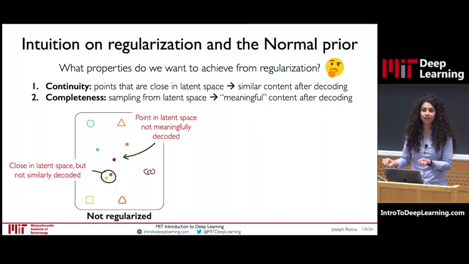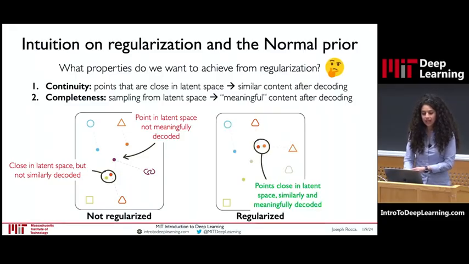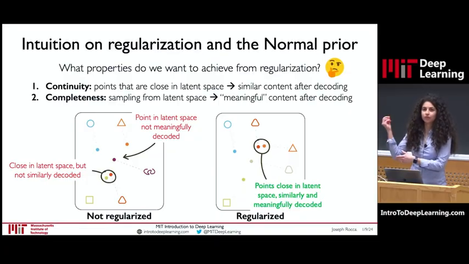Rather, we want things that are similar to be close in the latent space. If we impose some form of regularization, points that end up close in the latent space are similar when they're decoded, and they're decoded meaningfully. We're going to get roughly triangle shapes out with these two points that are located very close to each other in the latent space.